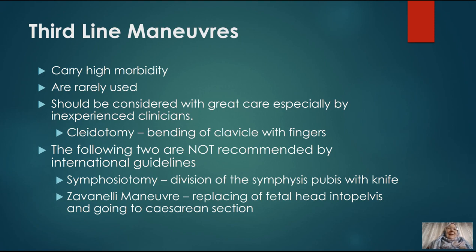It causes a lot of damage, can cause uterine rupture and injury to the fundus, causing complications without a good effect. So these two procedures should not be done anymore.